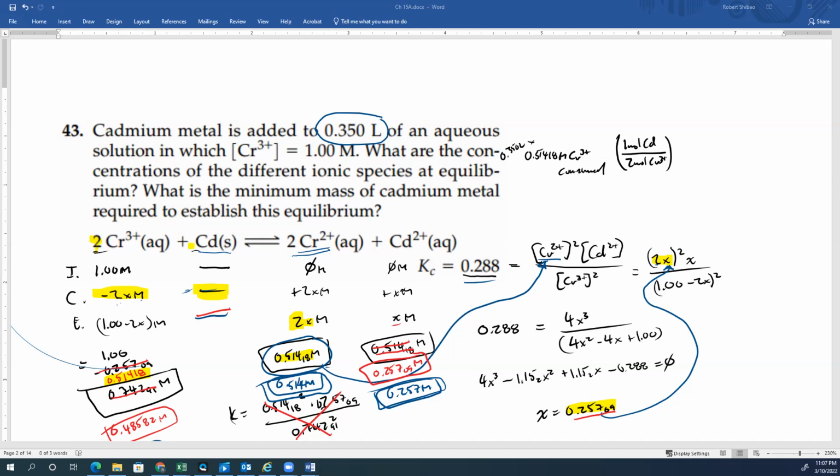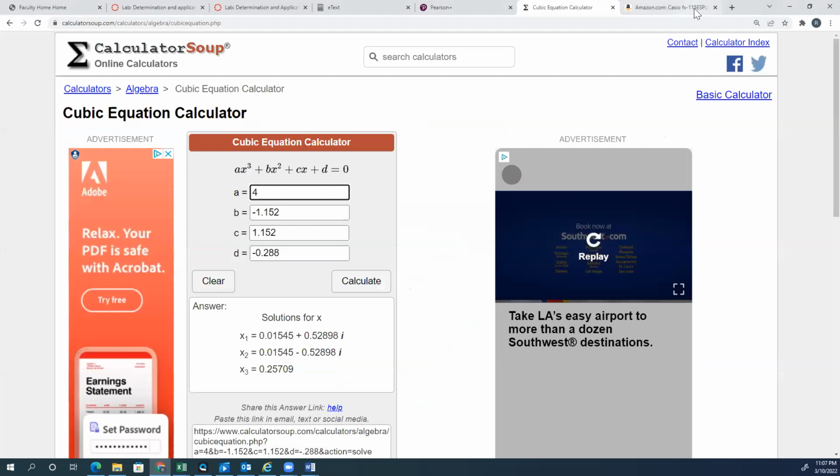Just had a periodic table. Where did I put it? Let me find my periodic table. Actually, I have a periodic table on my computer, but I'm not going to bother with it.